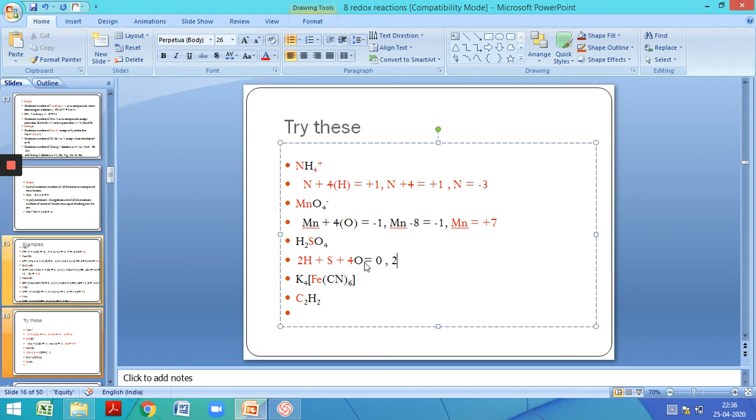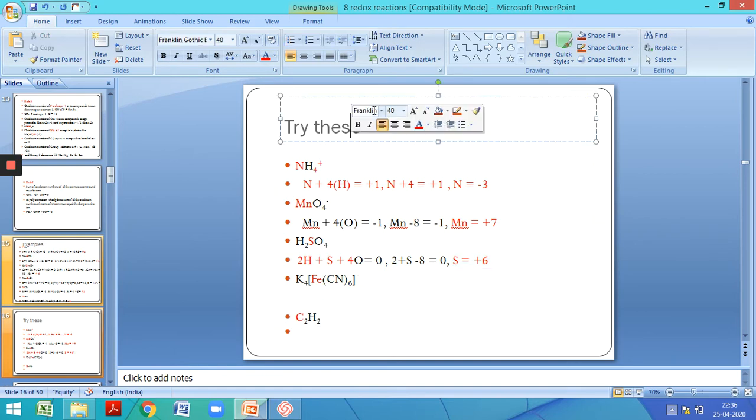Hydrogen oxidation number is plus 1, so 2 into plus 1 is plus 2, plus sulfur, the atom whose oxidation number we will find out, plus 4 into minus 2 is minus 8, is equal to 0. So the oxidation number of sulfur is equal to 6 in H2SO4.